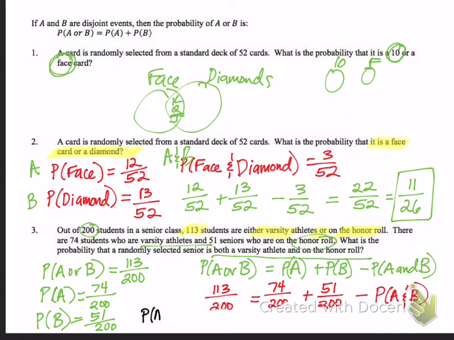So the probability of A and B is 74 over 200 plus 51 over 200 minus 113 over 200. When you put that in your calculator, I think you end up getting 125 minus 113. Is that right? Yeah. And so then you would have 12 over 200.